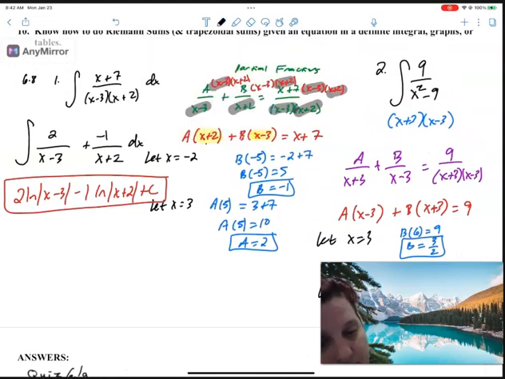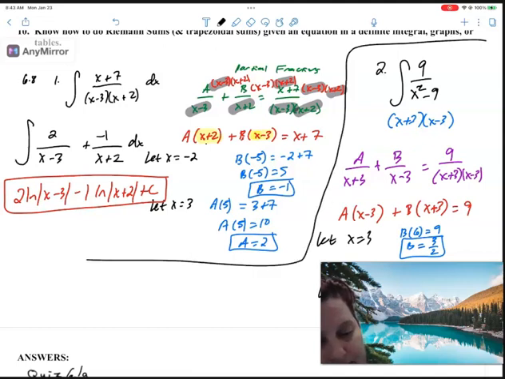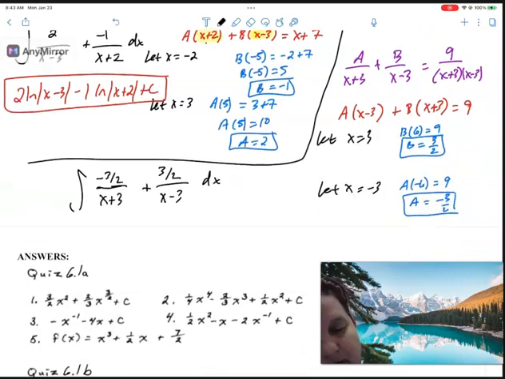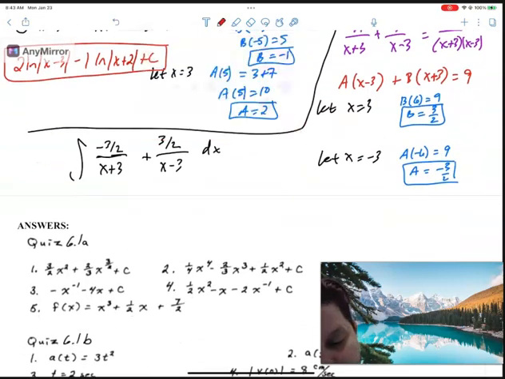So let's go back to the beginning right here. Split that up into my partial fractions. So I'm now doing the integral of, okay, A was negative 3 over 2 over x plus 3. B was regular, positive 3 over 2 over x minus 3. All right, and then my answer for that one's pretty easy.